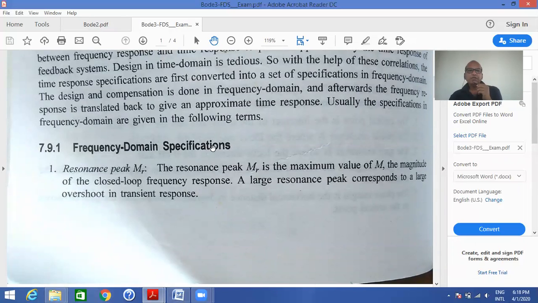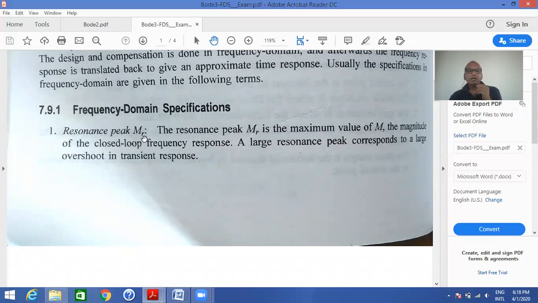There is a frequency domain specification, MR. MR means the maximum peak, or maximum magnitude, or maximum amplitude at omega equal to omega r. This is known as the resonant peak MR. The resonant peak MR is the maximum value of M, the magnitude of the closed loop frequency response. A large resonant peak means a large overshoot in the transient response.